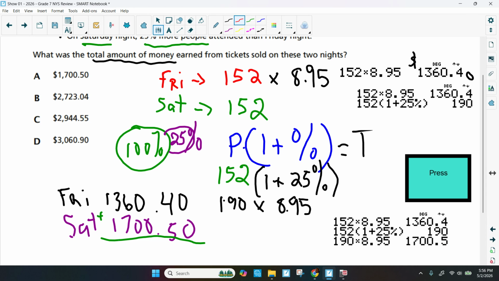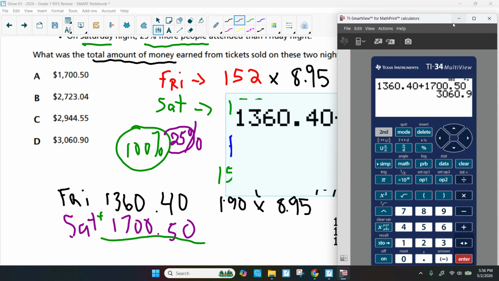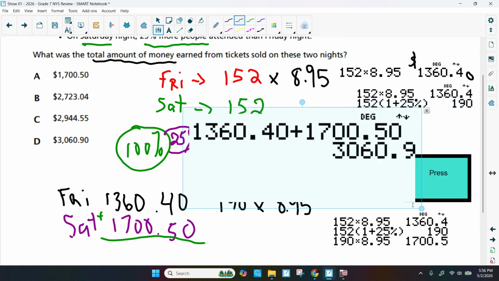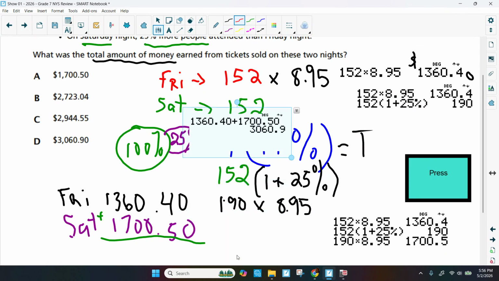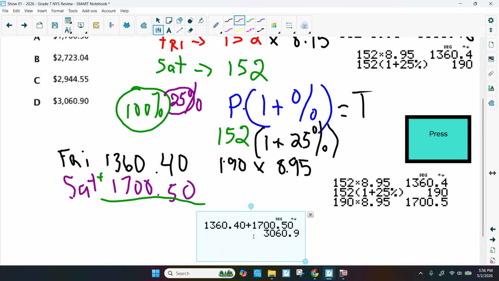And let me get back to my calculator. And I should pull that out too, so you can see that as well. Let me minimize that. All right, and pull this a little smaller and put that down there. And bring it down a little bit. So we got $3,060.90. Somebody seems to always want to call during my video time.